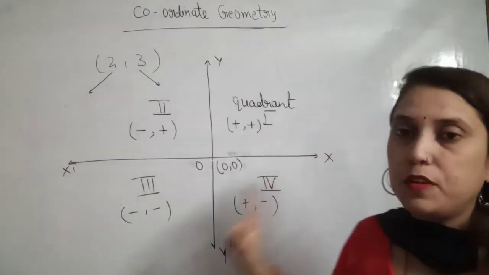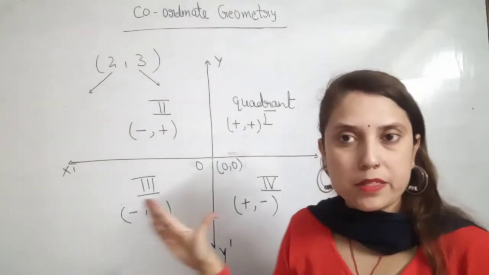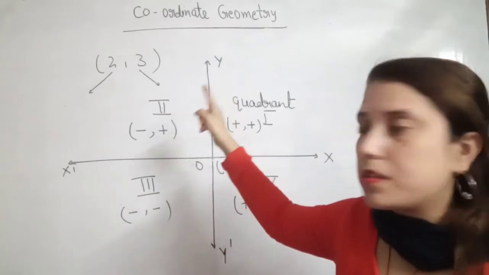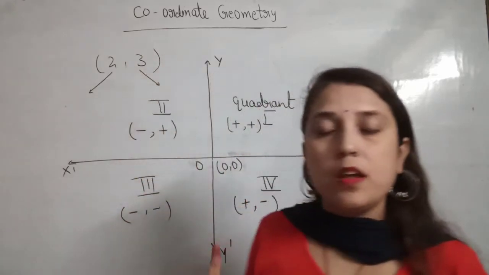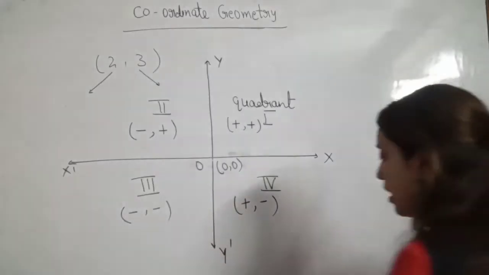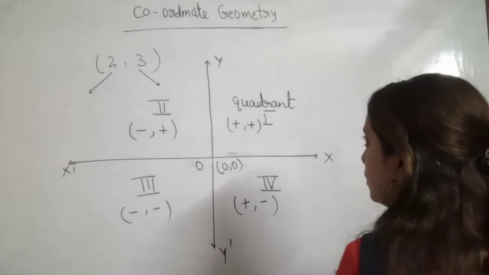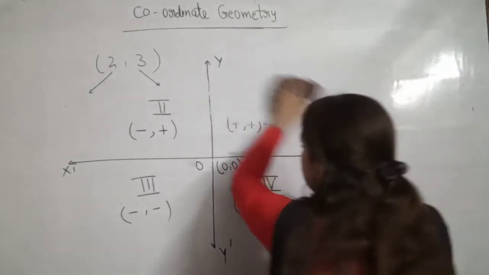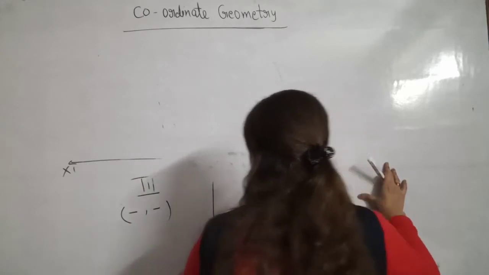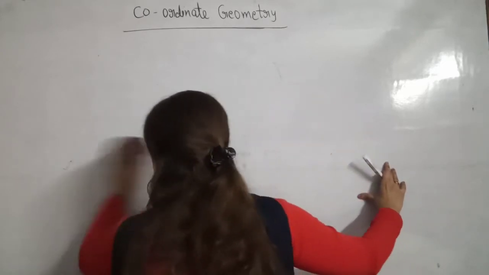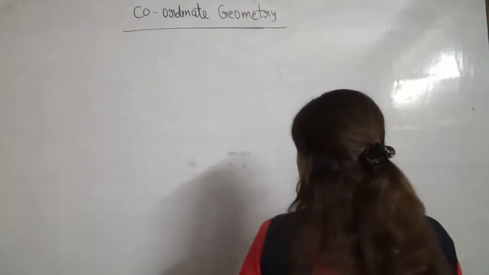And always first we cover the distance on the x-axis and then the y-axis. First value for the x-axis and second value for the y-axis. Now let's see how to plot points on graph paper.